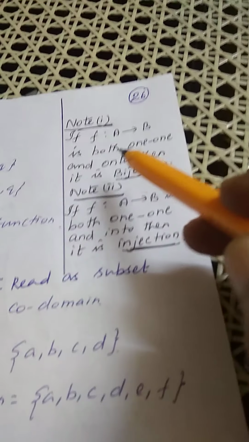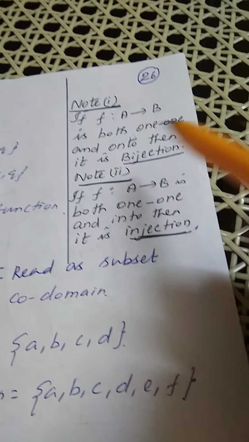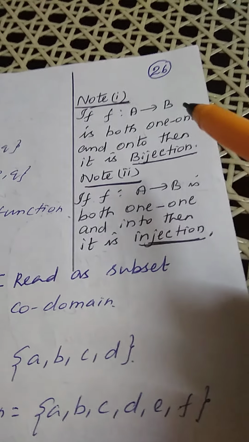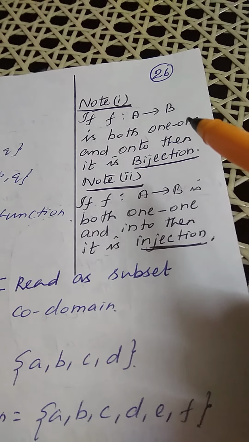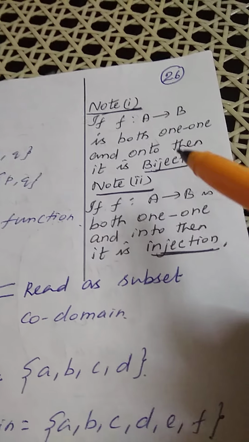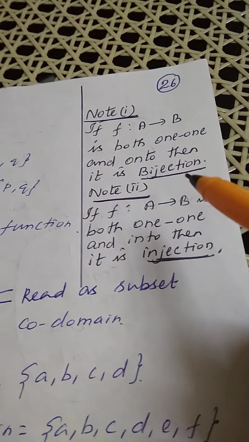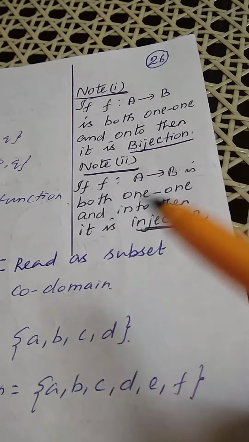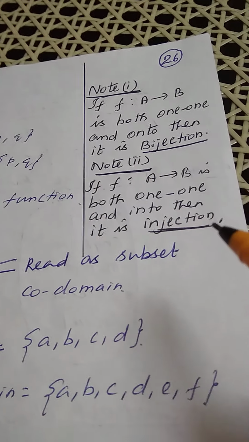Injection means one-to-one and at the same time into function. Note 1: if f is a function from A to B that is both one-to-one and onto, it is a bijection. If the function is one-to-one and also onto, the single word for that is bijection. If the function is both one-to-one and into, then it is injection.